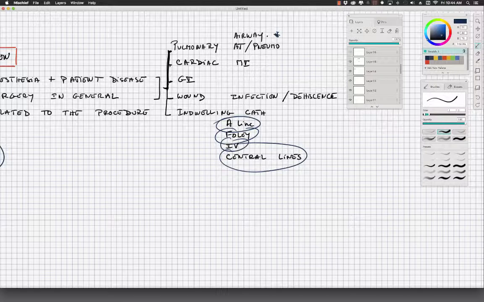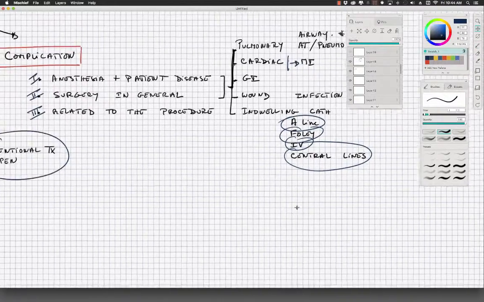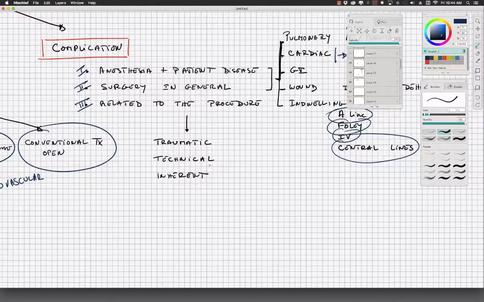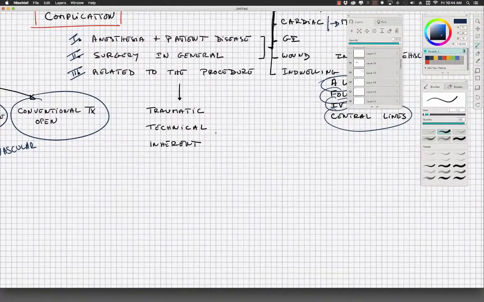And for the pulmonary complications, atelectasis, pneumonia. Cardiac, obviously the most common complication would be myocardial infarction. And then the ones specifically related to the procedure, and I think they can be divided into traumatic. So this would be an injury caused at the time of exposure, using a retractor.